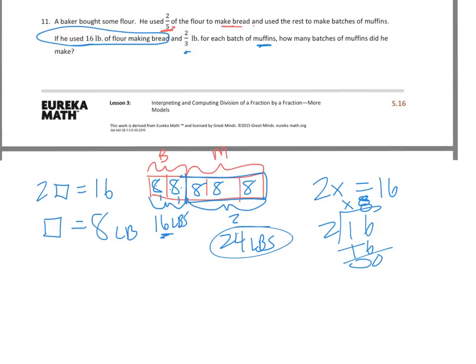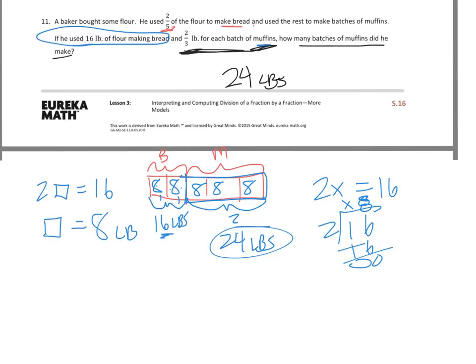Now we're not done. That's just how much flour was used to make muffins. It says here 2/3 of a pound for each batch of muffins. How many batches of muffins did he make? So we have 24 pounds.